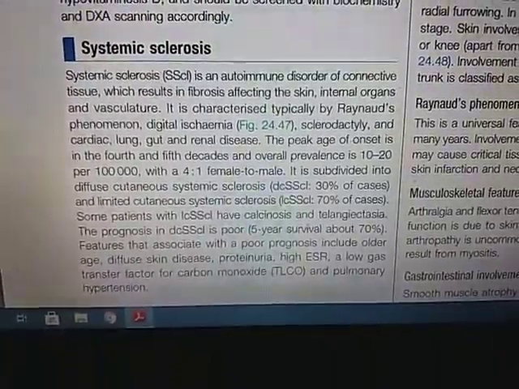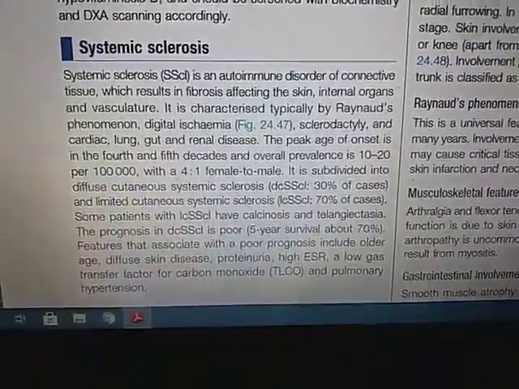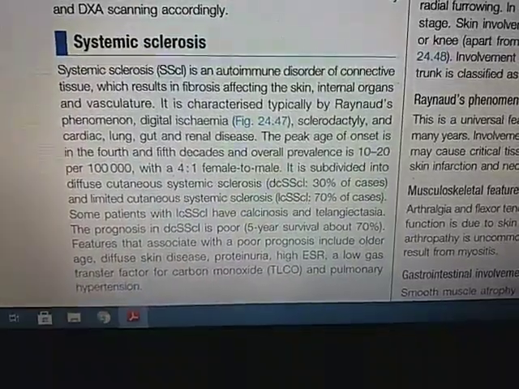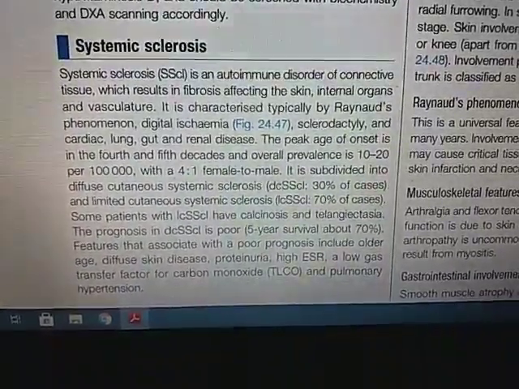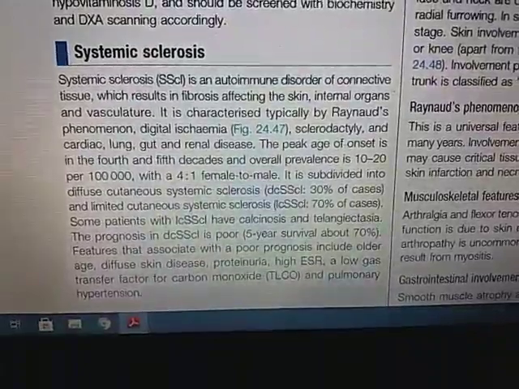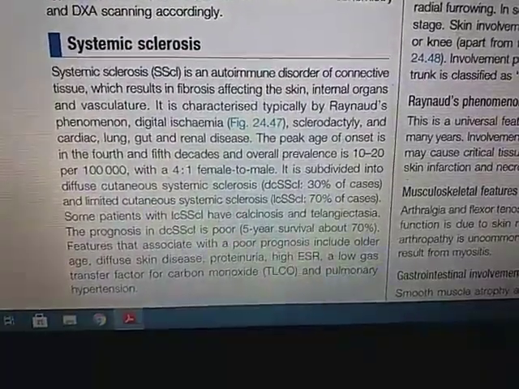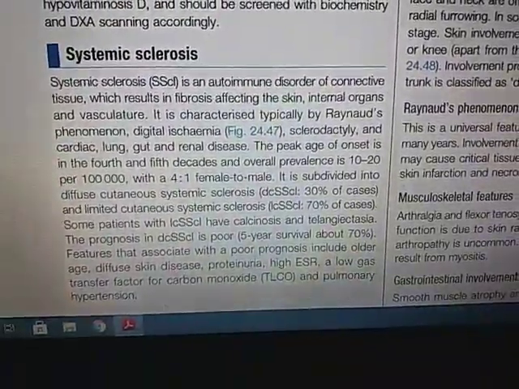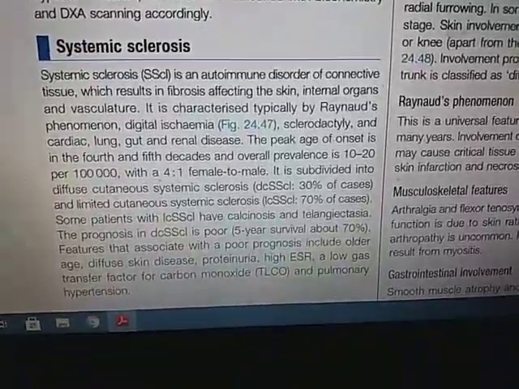We have a syndrome called CREST, five letters. CREST: C, calcinosis. R, Raynaud's. E, esophagitis. S, sclerodactyly. And T, telangiectasia.